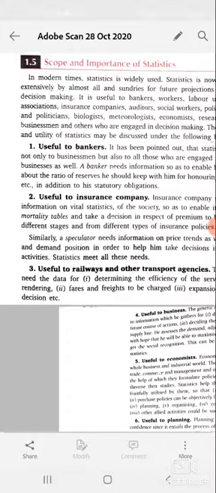In modern times, statistics is widely used. Statistics is now being used extensively by almost all in our society.